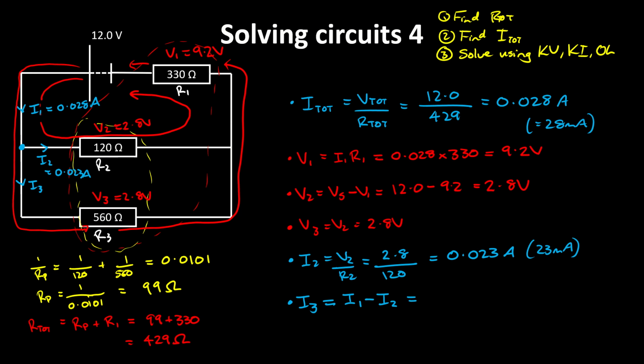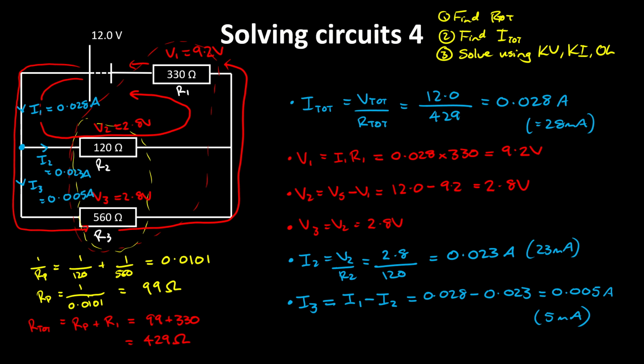So the total current was 0.028 and I2 is 0.023, and whatever's left over must be I3, which is 0.005 amps, or 5 milliamps.